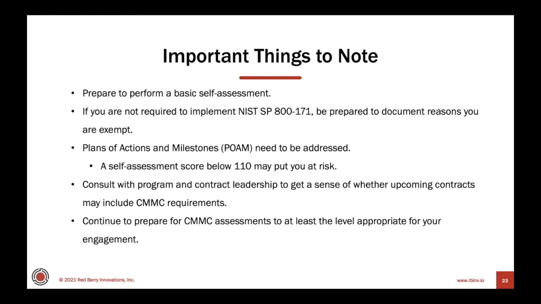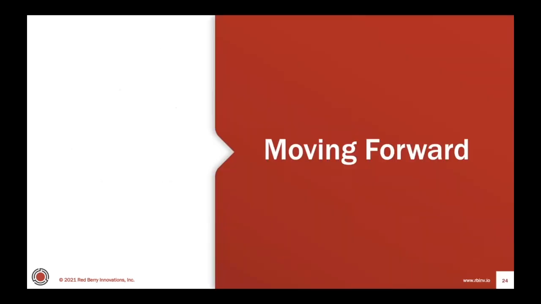Regular consultation with them may keep your organization in line with what is expected with CMMC. Depending on the level of maturity already in place for your organization, full compliance at the appropriate level may take months to complete. Organizations should continue to self-assess and prepare for an eventual CMMC audit.